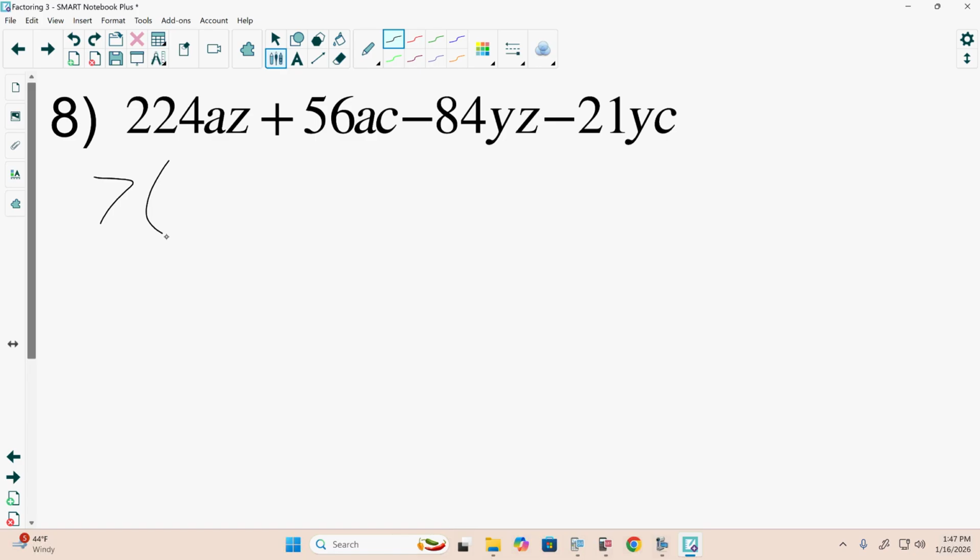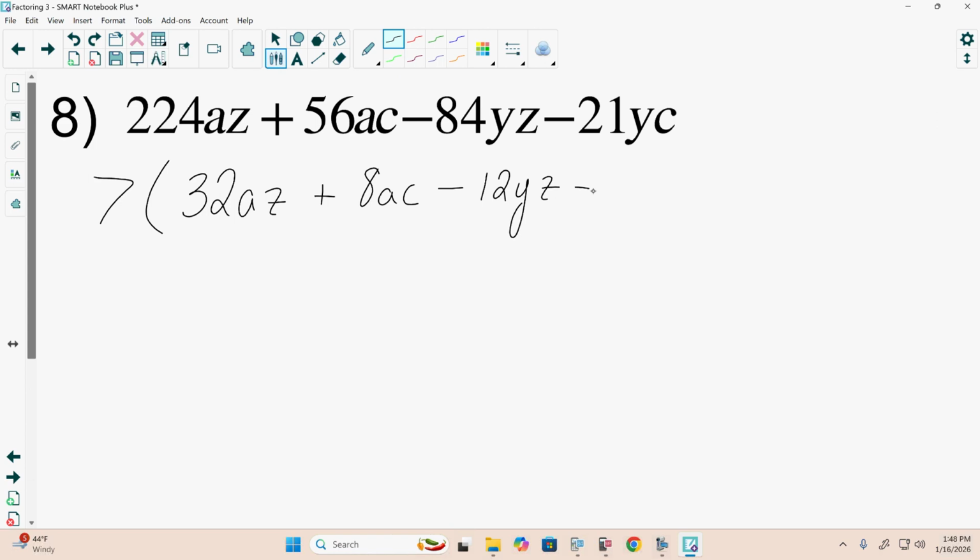And if we do this, well, 224 divided by 7 is 32az. At this point, we can all say assuredly it's going to be nicer to work with factors of 32 than 224, yes? Plus, 56 divided by 7. If we factor 7 out of 56, we have 8ac. Minus, if we factor 7 out of 84, we divide it by 7, we get 12yz.